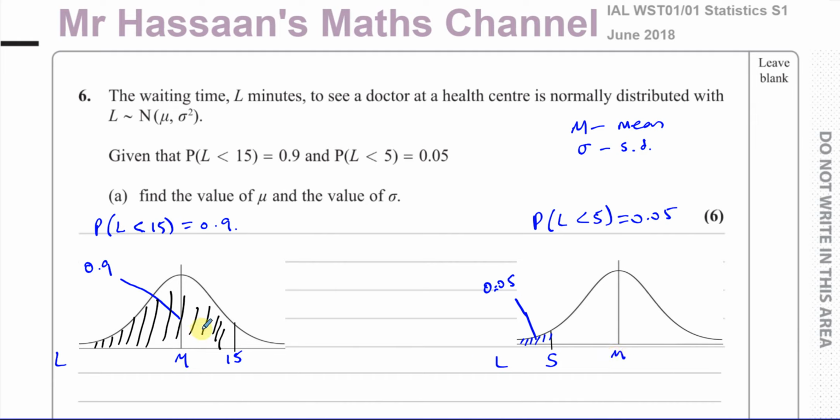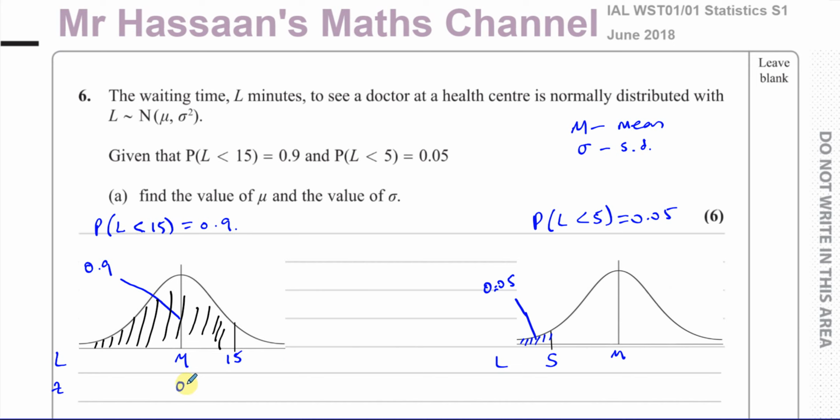All right, now, how am I going to use this information? Well, first of all, if we look at this one here, 0.9 is a nice rounded figure, right? I could find what this value of Z is, the standardized value, such that the mean is 0 and the standard deviation is 1, which we're going to use the table to help us find values of.